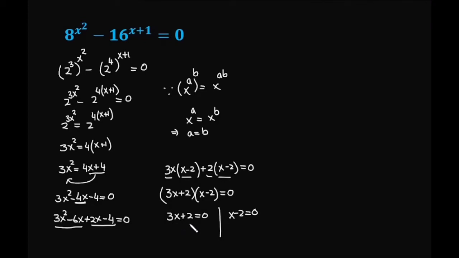When 3x plus 2 is equal to 0, x is equal to minus 2 over 3. When x minus 2 is equal to 0, then x is equal to 2. So x is equal to minus 2 over 3 and x is equal to 2.